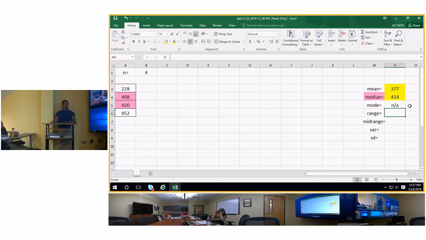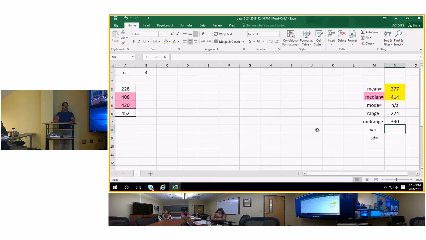Range is equal to the highest minus the lowest. Mid-range: what do you do with the mid-range? Average them up. The highest plus the lowest divided by 2.